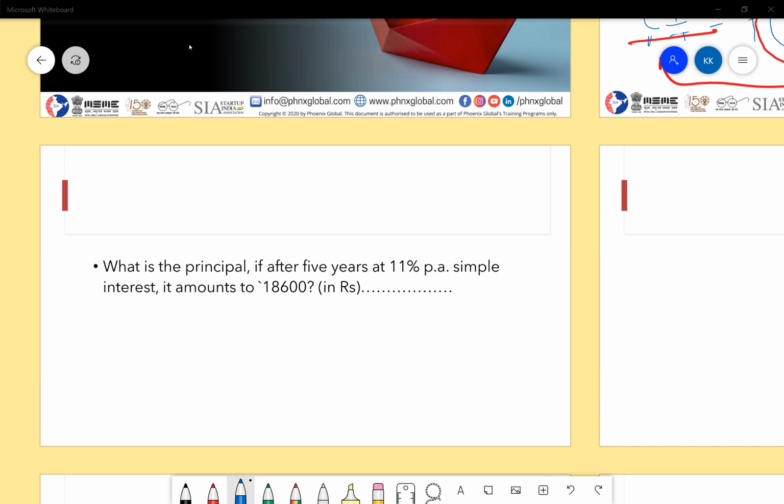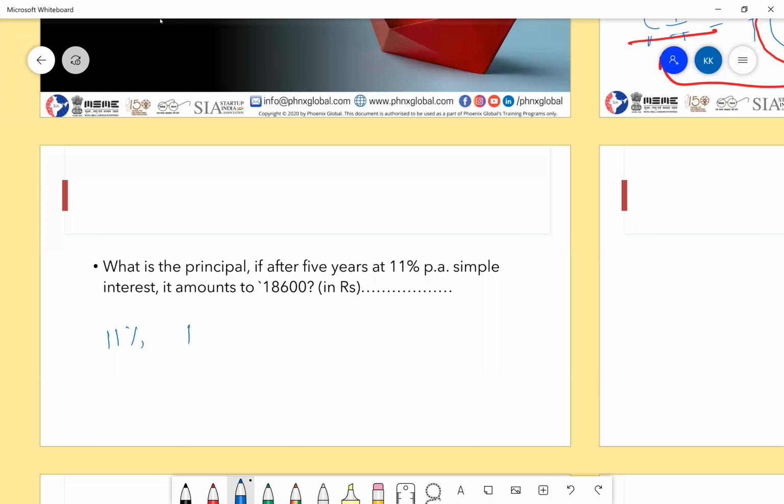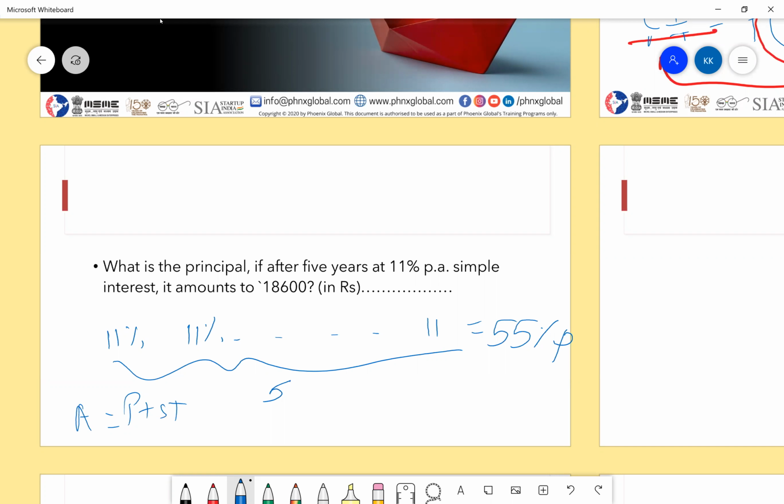See, every year you got 11%, 11%, so on for 5 years. Total 5 times, this is 55% of P. And what is the amount? It is principal plus simple interest.